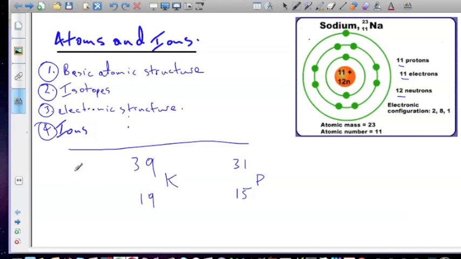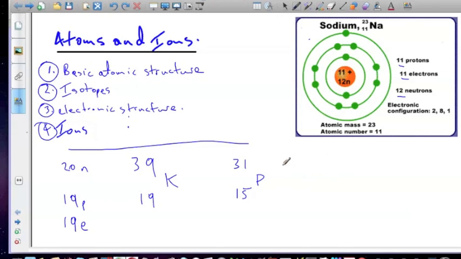So I'm sure you did that. Now, potassium's mass number is 39, its atomic number is 19. So potassium has 19 protons. It has 19 electrons. And it has 20 neutrons, because you're subtracting the atomic number from the mass number.